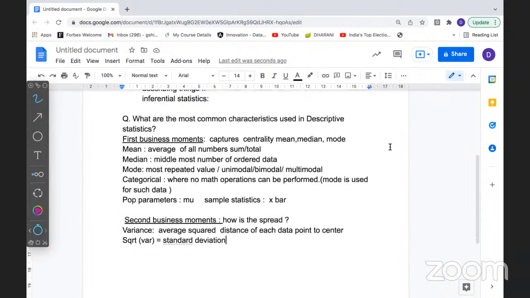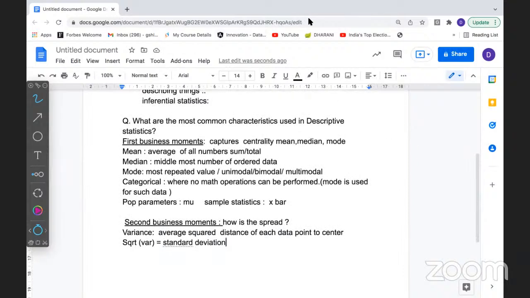They are the most commonly used measures here. So what is the formula for standard deviation? Variance is given by sigma square for population, and S square for sample. Sigma is the standard deviation for population and S is the standard deviation for sample.